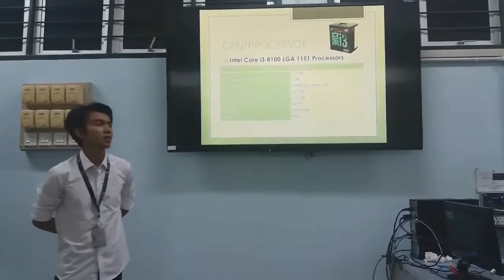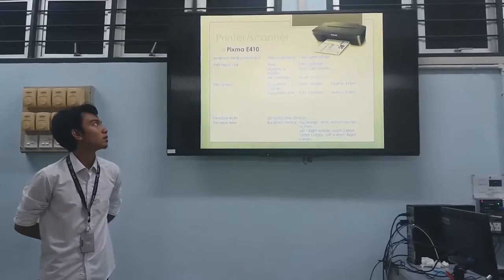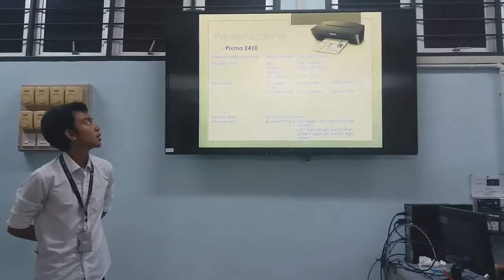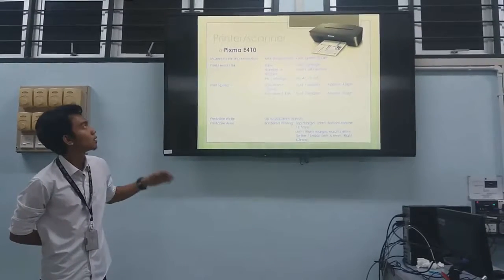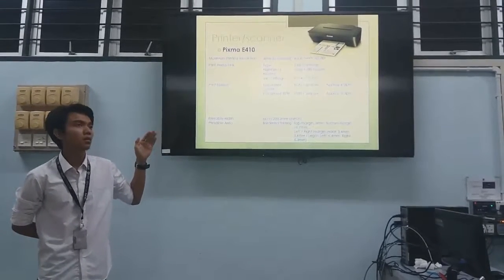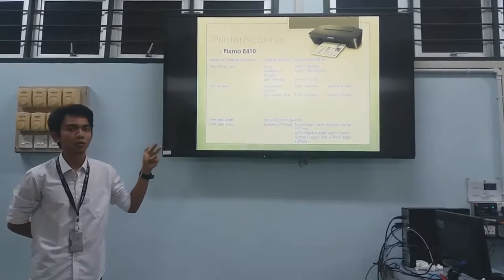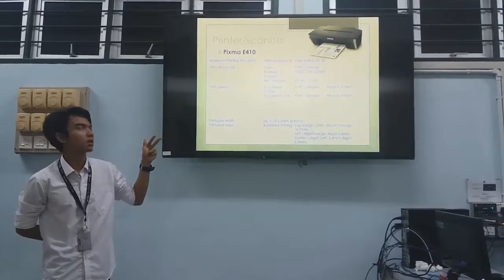Okay, for the next component, we recommend to Lisa the printer model E400FL. We recommend this printer because this printer can print, copy and scan, so Lisa can save the budget.